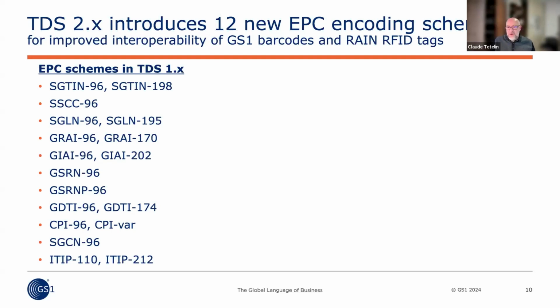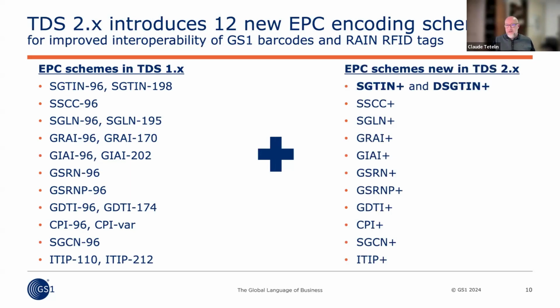And based on multiple requests from different sectors using RAIN, we decided to create 12 new EPC schemes. As you can see now on the right, these schemes are based on the same serialized GS1 identification keys, a GTIN, an SSCC, a GIAI, etc. So nothing really new under the sun, but we have the plus after the name of the EPC.